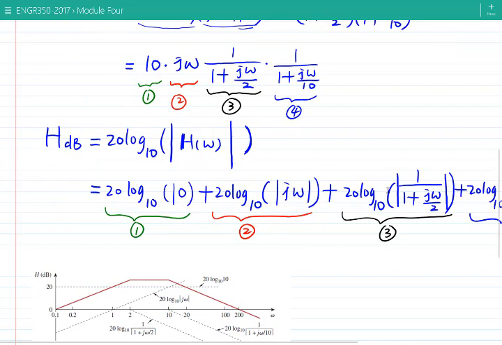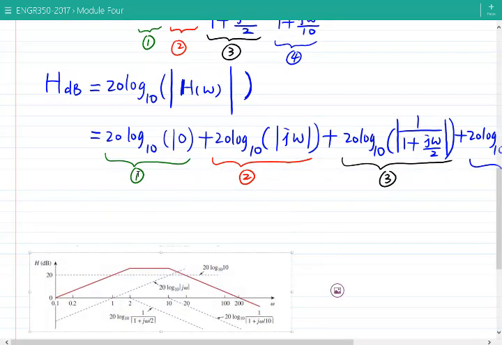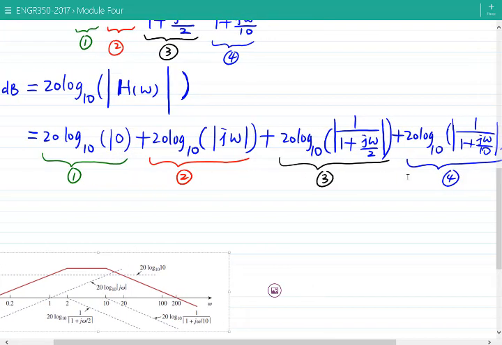First, let's identify each factor. Factor number 1 is the so-called constant. Factor number 2 is the so-called 0 at the origin. Factor number 3 is the so-called first order pole or simple pole.